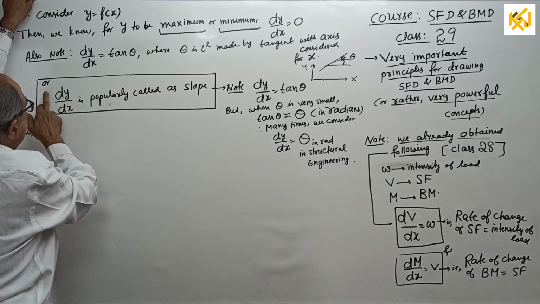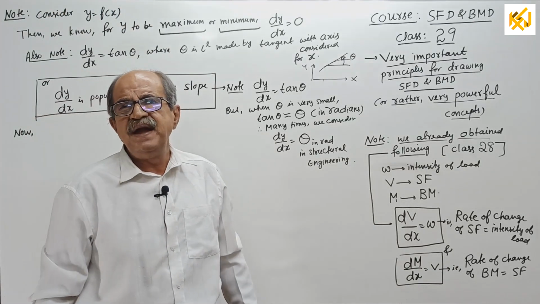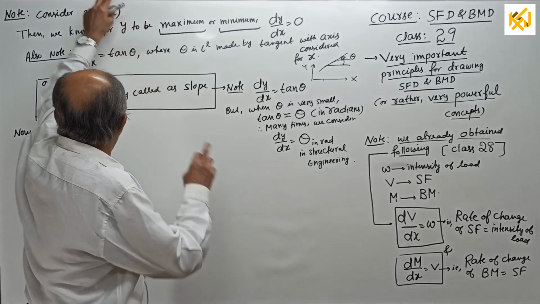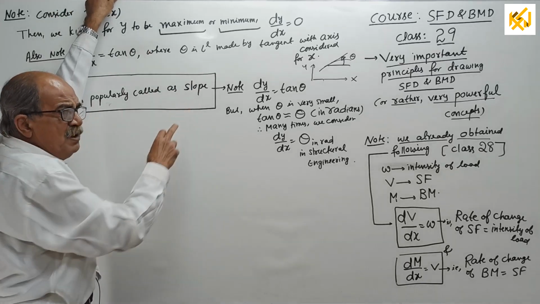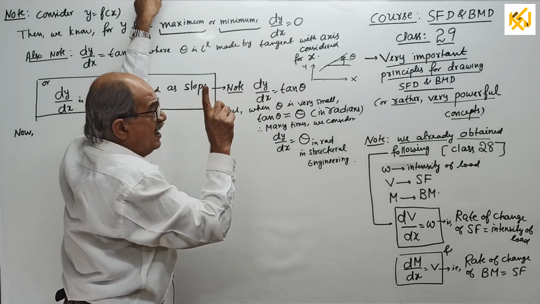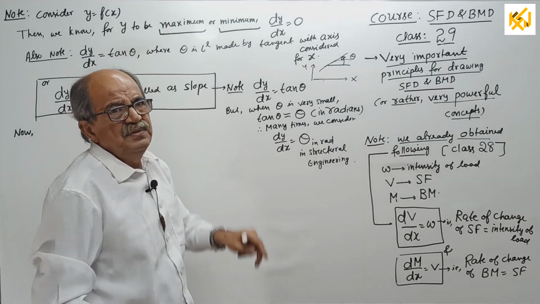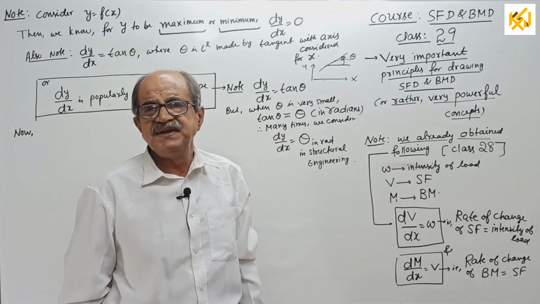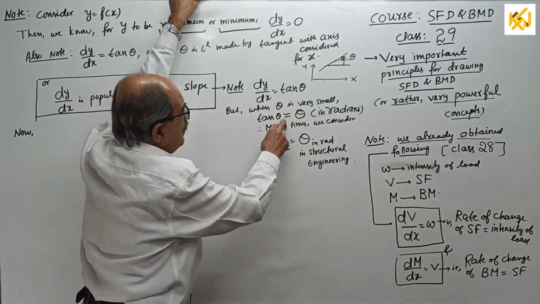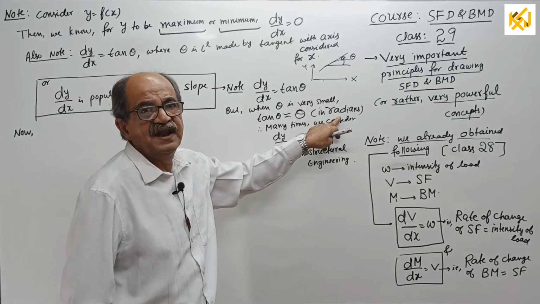Okay, now, see. Dy by dx is popularly called as slope. Technically, dy by dx is tan theta. Theta is the angle. But that dy by dx is very popularly called slope. We will also call slope. Note, dy by dx is mathematically tan theta. But when theta is very small, or that you can make out later, whenever deformation is considered, usually, then tan theta can be taken almost equal to theta, condition in radians.